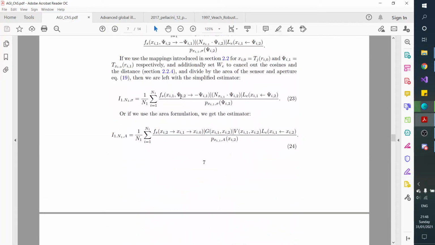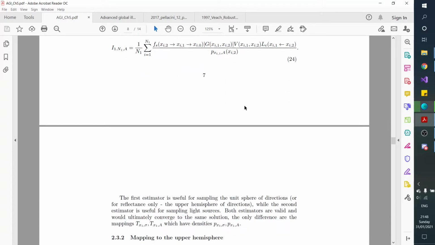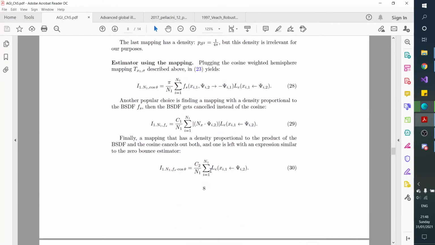So it approximates the whole product here, gets something close enough, and samples with respect to it. So then you even cancel out some part of LE, let's say, and some part of this and some part of that. People have tried to do that, but the optimal thing is you need to know the solution. If you don't know the solution, you can use some approximation.